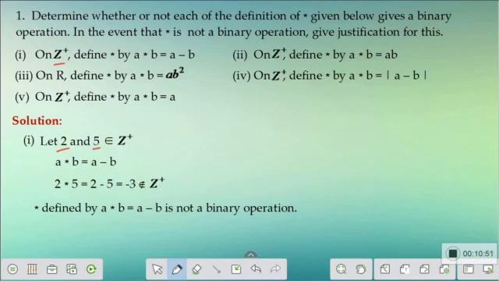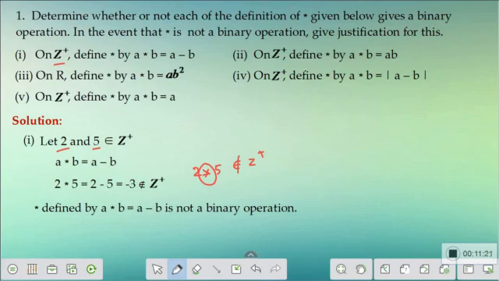This minus 3 is not an element in Z plus, because it's a negative number. So when you don't find such an element in Z plus, you cannot call this star a binary operation. Hence, star defined by a star b equal to a minus b is not a binary operation.